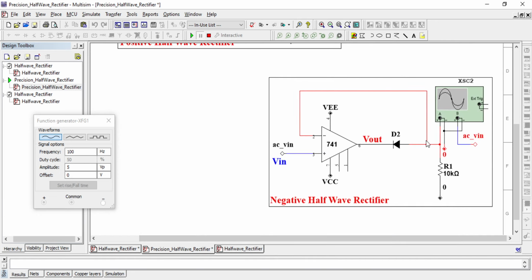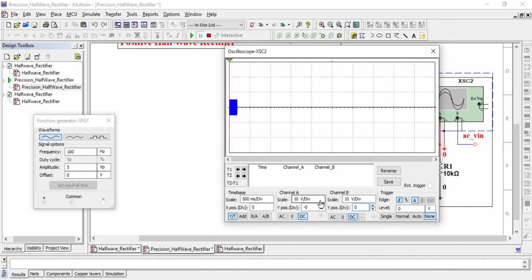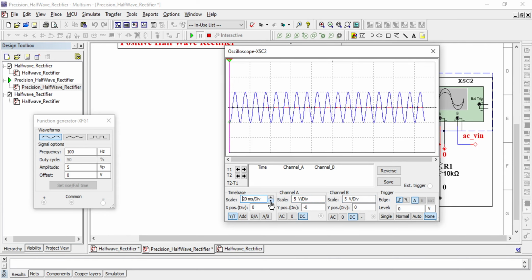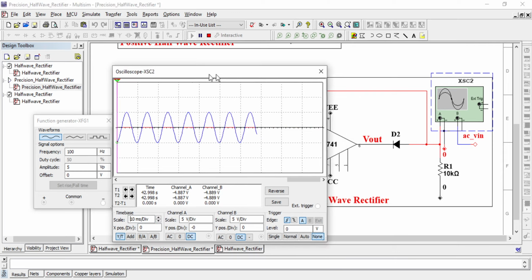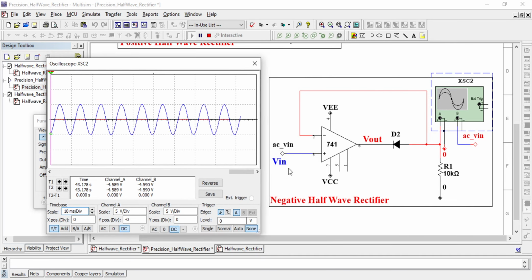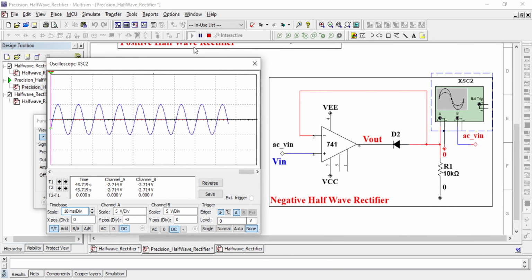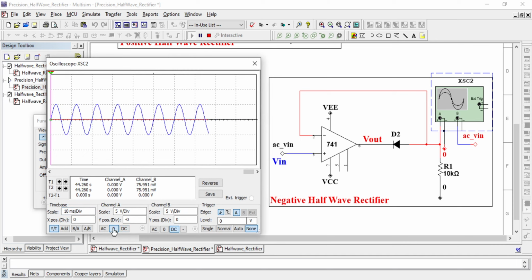Whereas if I try to design an inverting or negative half wave rectifier, in that case you can see here we are applying a pure sine wave at the input Vin, which is represented by blue color, and at the output we can see we are getting the negative half of the sine wave.